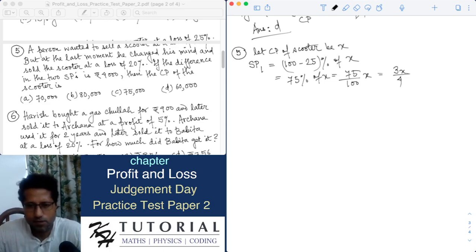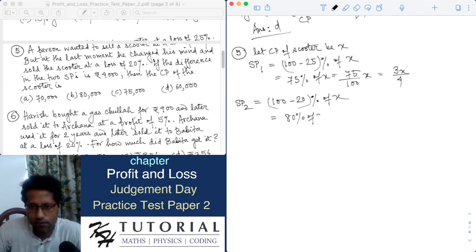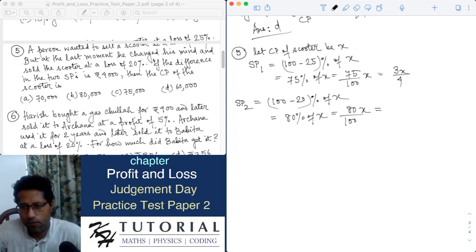And let SP2 be the selling price when it was sold at a loss of 20%. So the selling price will be 100 minus 20% of X. This is 80% of X, which is 80 by 100 into X, and if you simplify 80x by 100, it comes out to be 4x by 5.